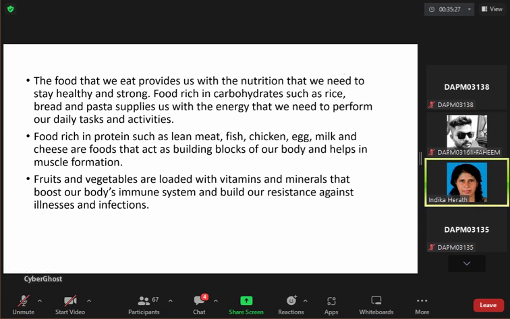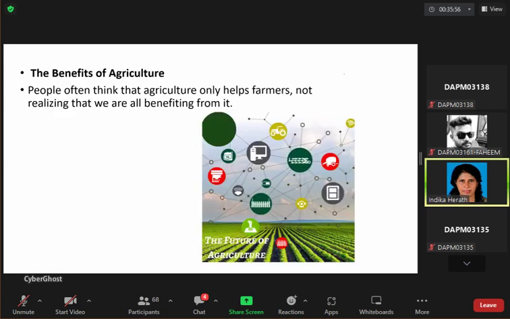So we want balanced food from both agricultural things and the animal component. And not only that, we need vitamins, which are provided mainly by fruits and vegetables. So our life is built up of these things, right? We need these for maintenance of our body and therefore our life.